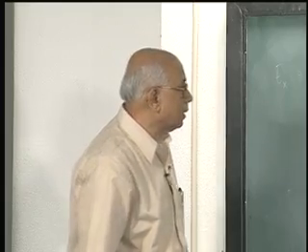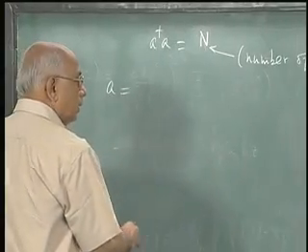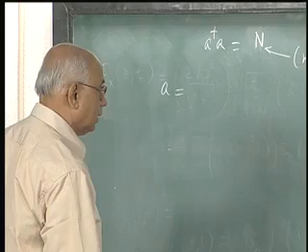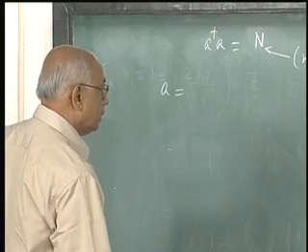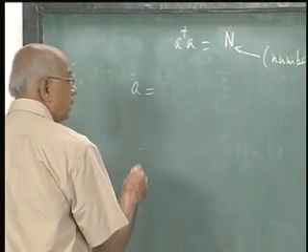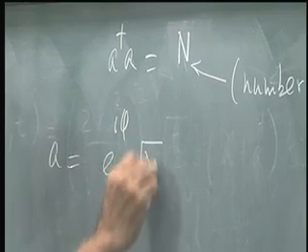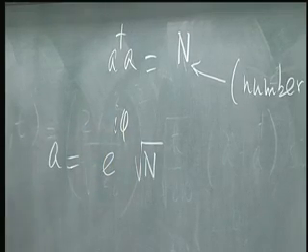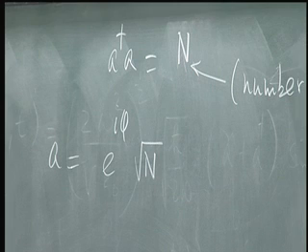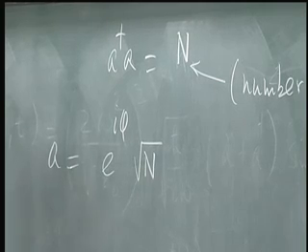So let me write this as equal to, let me see what the standard notation is for this, e to the i phi square root of n. Let me say I define a, I do a polar decomposition of a, just like I do a polar decomposition of a complex number, I do a polar decomposition of this operator a by writing it in this form.